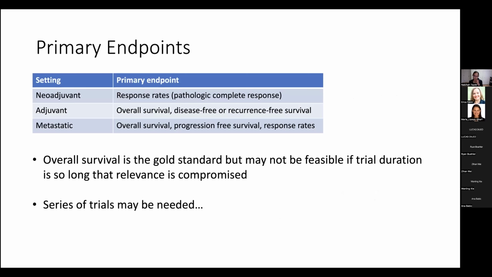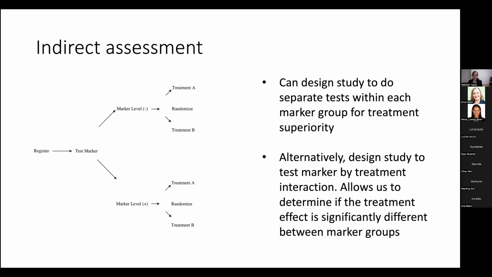So for superiority, in those with marker level negative, is treatment B, let's say treatment B is your targeted therapy and treatment A is standard of care, significantly better than treatment A? In marker level positive, same question.